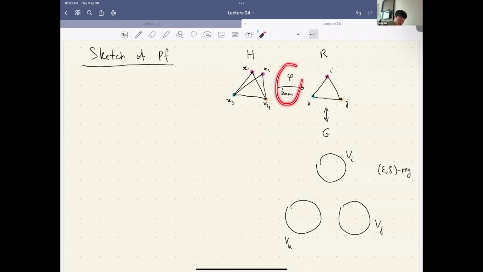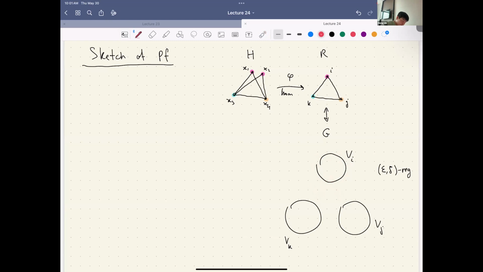We first look at this homomorphism, and we see that x1 is mapped to the vertex I in R under this homomorphism. So we're going to embed x1 to the corresponding part Vi. But we're not going to just embed it to any arbitrary vertex of Vi. Think about it. Even though this is nice and pseudo-random, it could very well be that there's a vertex in Vi that's bad. It has no neighbor at all in Vj. We just know that there are very few of them.